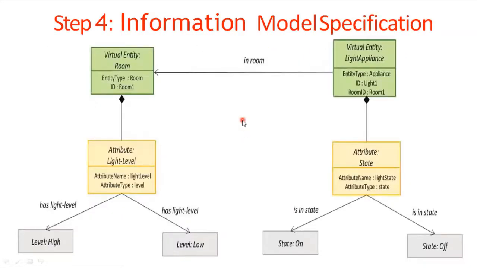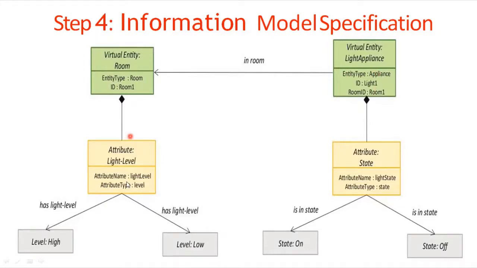Previously, we designed an entity relationship diagram. Here, in this case, you will define the different attributes for the virtual entity. The virtual entity room: these are all the room attributes. That means a property of an entity is called an attribute. Here, the virtual entity light appliances: these are the light appliance attributes.